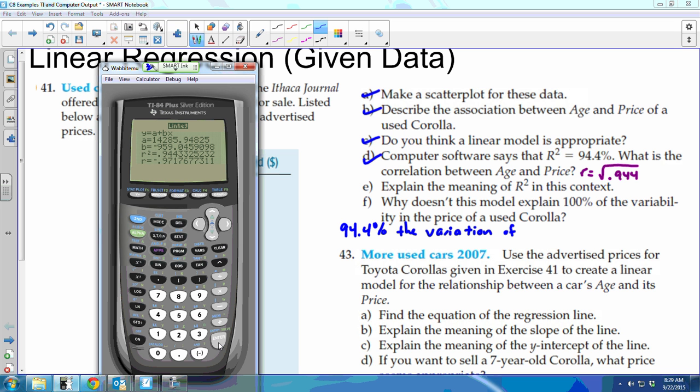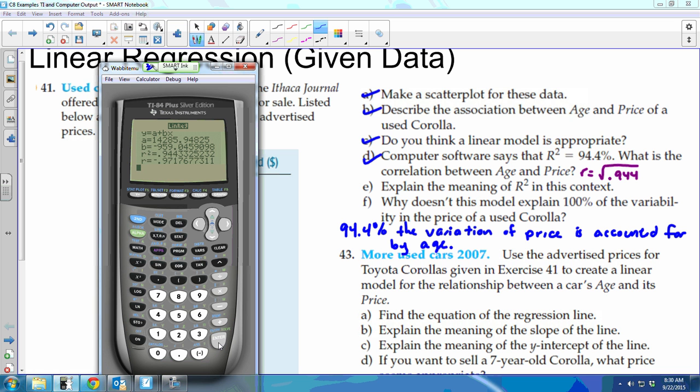Y. So Y is price. So variation in price is accounted for by whatever X is, so age.